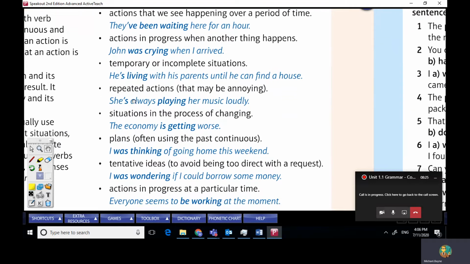Next is using it for a repeated action, especially when you're talking about an action that's annoying. She's always playing her music loudly. That means she plays her music loudly so often that it just starts to become annoying. Notice we use the word always in there with the continuous tense to indicate that it's something annoying.